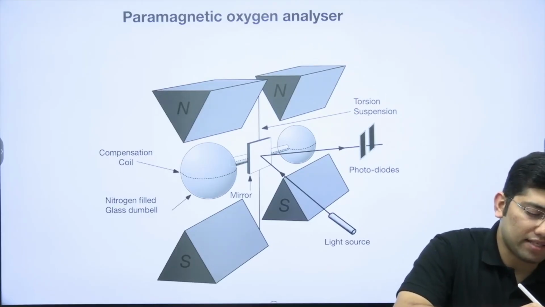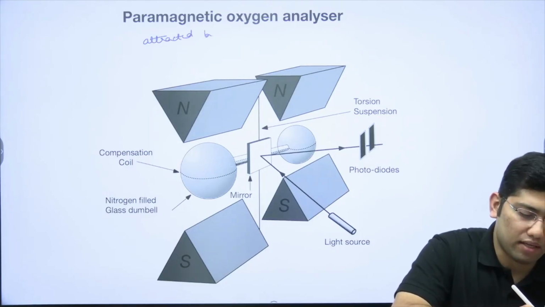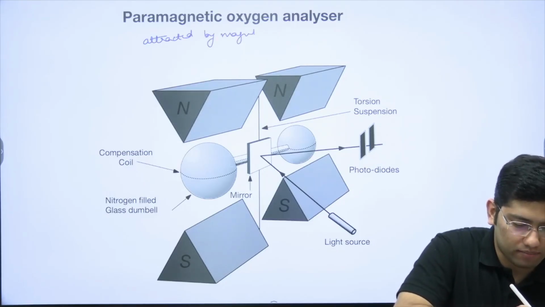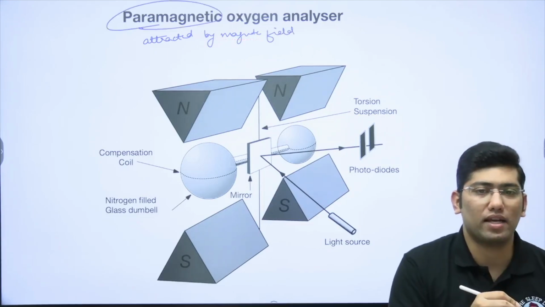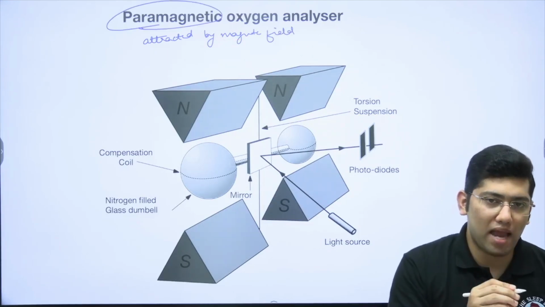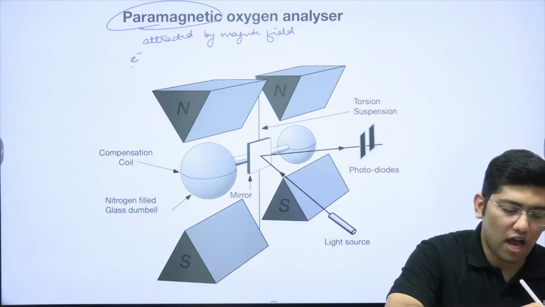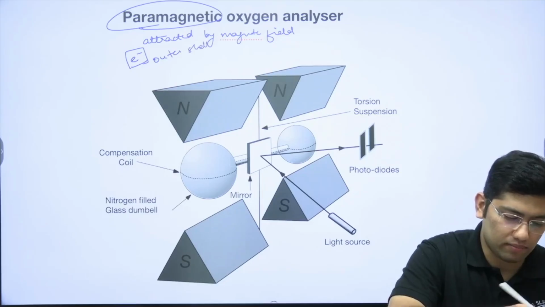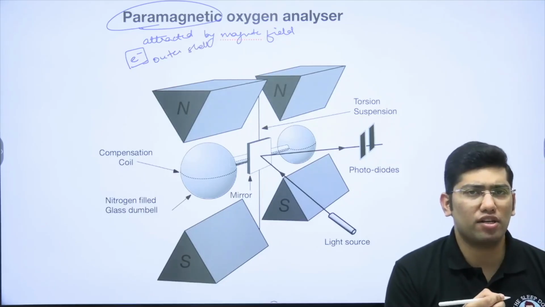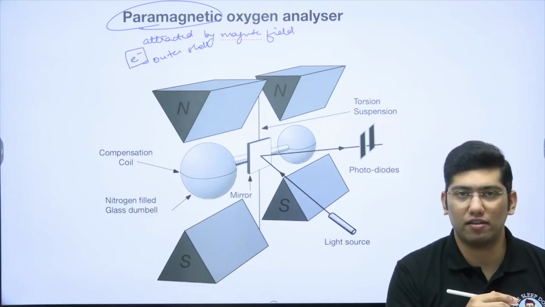Usually, the gases that are attracted by the magnetic field are called paramagnetic. Oxygen is paramagnetic. The reason? Because of the presence of unpaired electrons in the outer shell. Other gases like nitrogen and all, they are called diamagnetic. That is, they are repelled by the magnetic field.